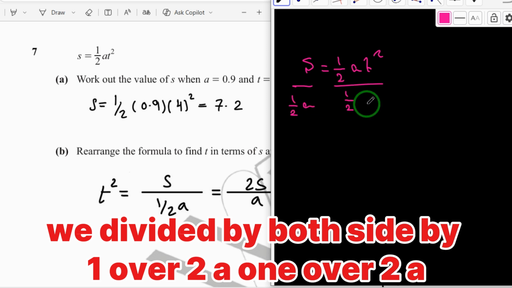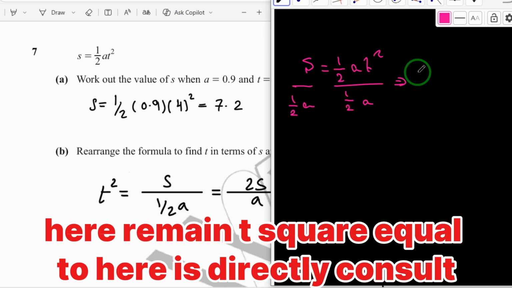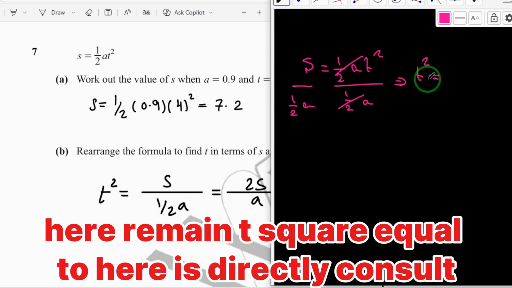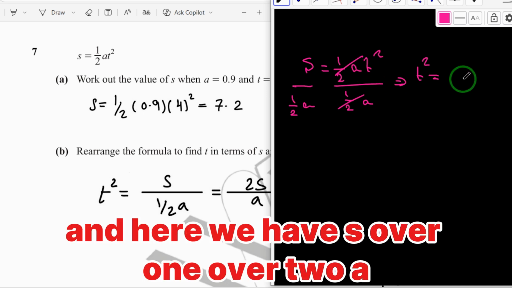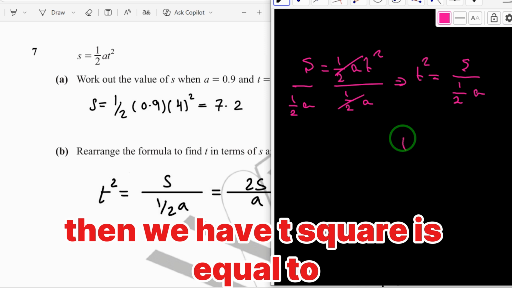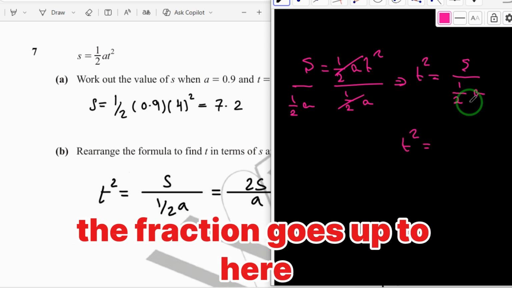We divide both sides by 1 over 2a. On the right, it is directly cancelled, just remains t square, and here we have s over 1 over 2a. Then we have t square is equal to 2s over a, as the fraction goes up.